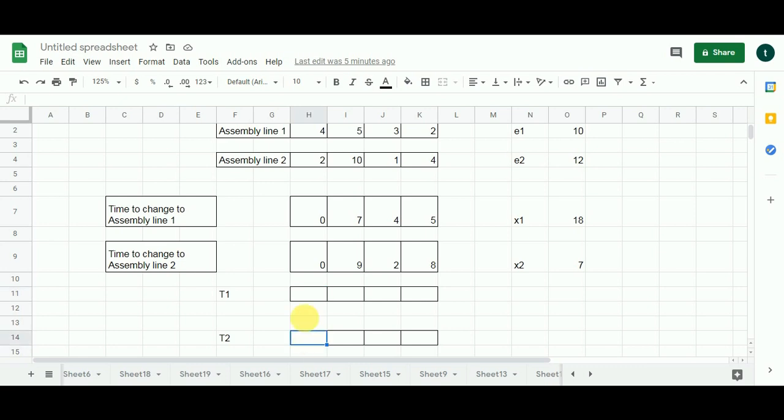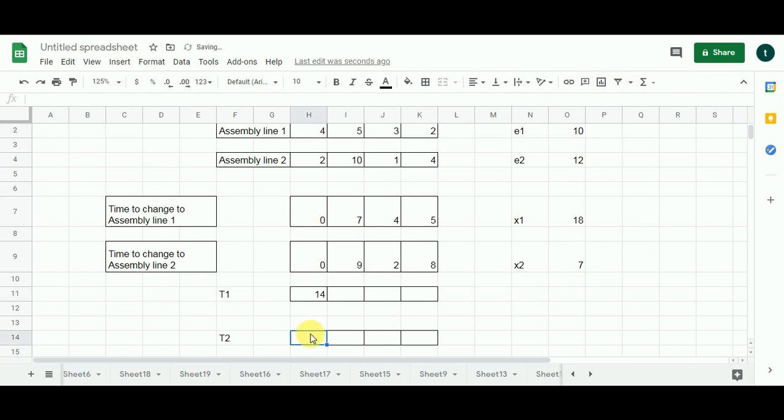Here, the time taken at this station in assembly line 1 is given as 4. But we also have to add the entry time to it, because this is the time taken by the chassis to enter assembly line 1. So the total time will be 10 plus 4, 14. I'm going to write 14 over here.